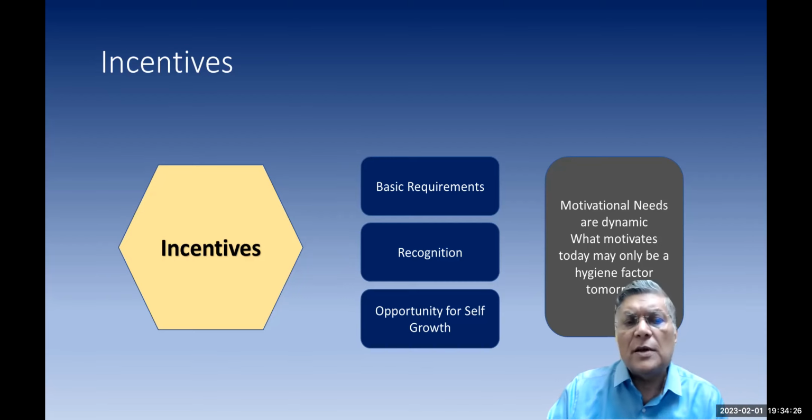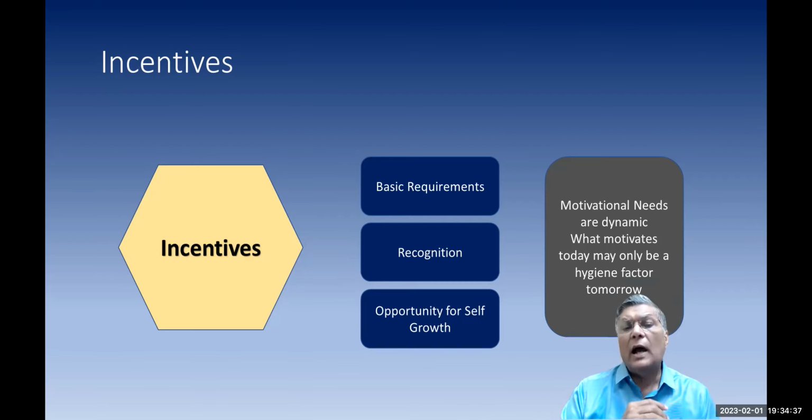So in incentivizing any operation, we have to look at what could be the motivational requirement of the persons, and then accordingly provide that. We need to have a mix, and different people get motivated by different parts of the mix. But one thing we must remember is the motivational needs of a person are also dynamic.